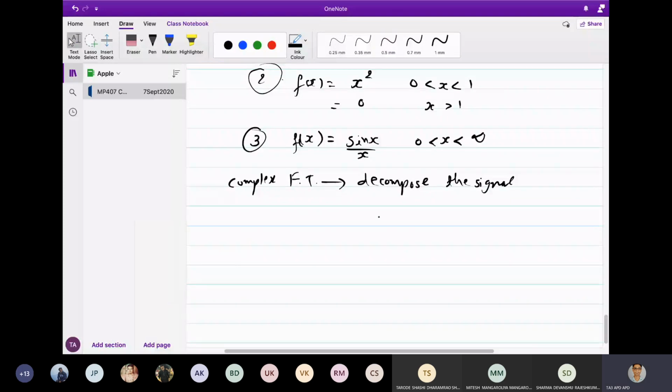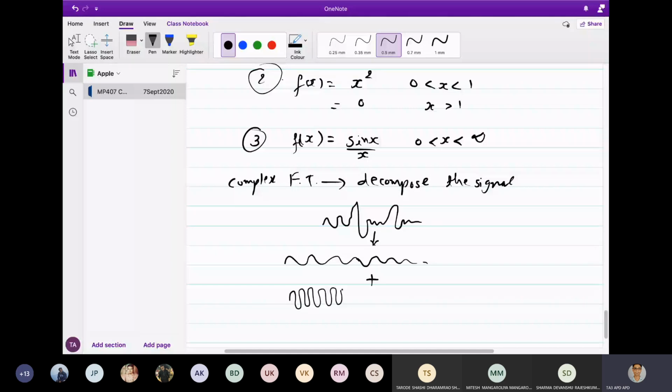So that means if you are having some wave given to you, which is a superposition of multiple waves, and if you want to identify what are the waves which are actually involved in this whole pattern, I mean the one I have drawn over here, so this should be transformed with the help of Fourier's idea, and it should give you a series of harmonic sinusoids with different frequencies.